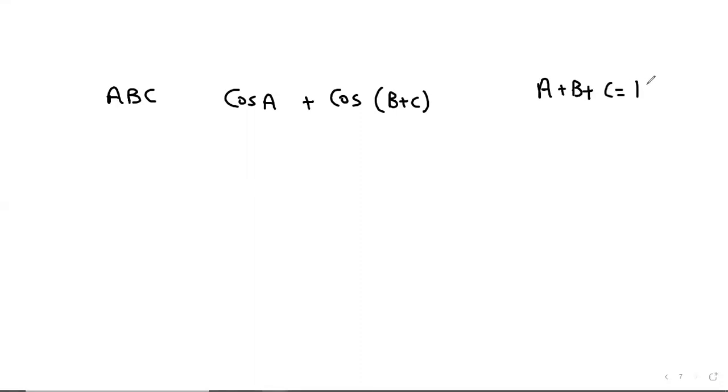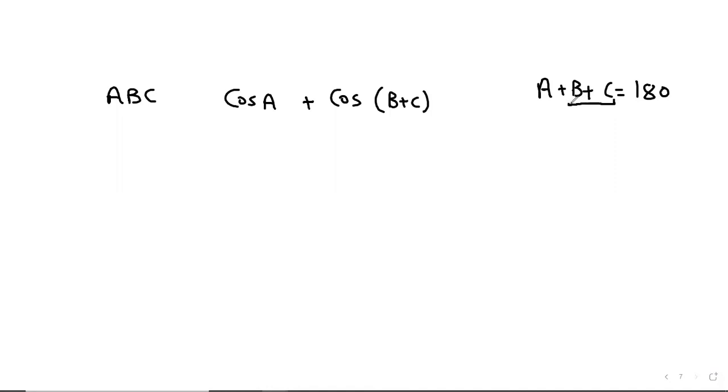If ABC is an acute angled triangle, then cosine A plus cosine B plus C. Do you know that the angles in the triangle A plus B plus C, the three angles, add up to what? 180.